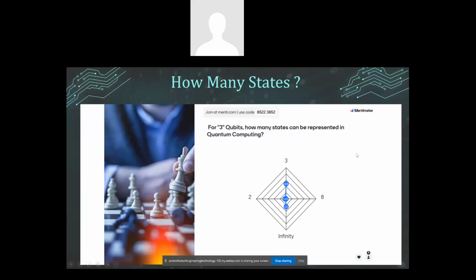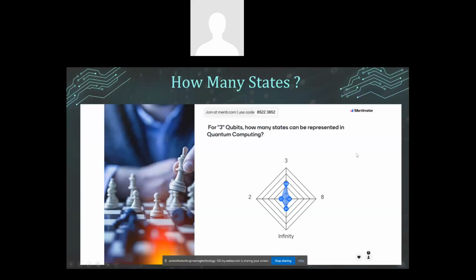But if you take classical computing, it's 2 power n, right? So 2 power 3, it's 8 states. Even if you have three qubits in quantum computing, it will be the same 8 states. But the difference is that it can exist in all the states simultaneously.